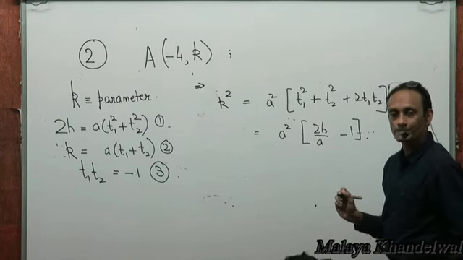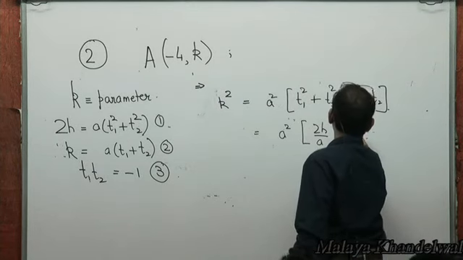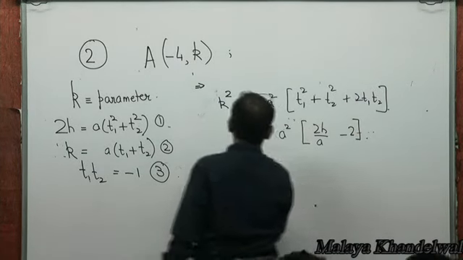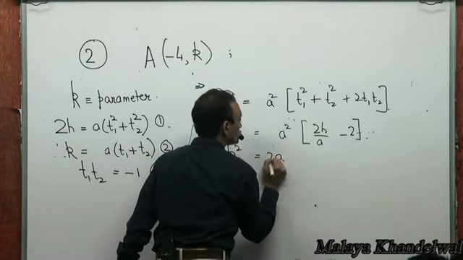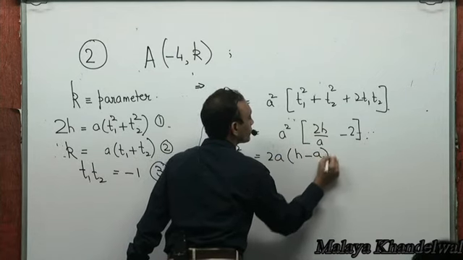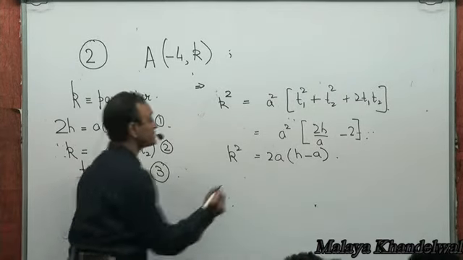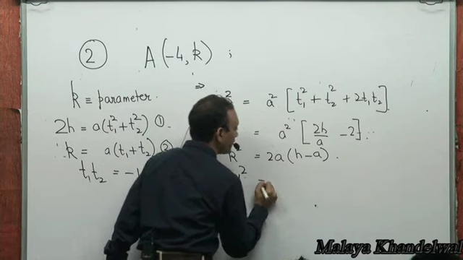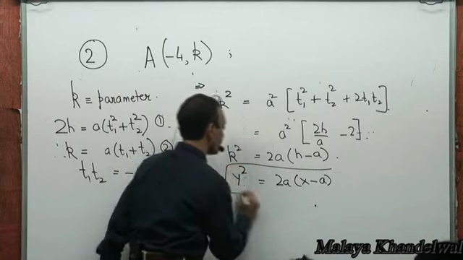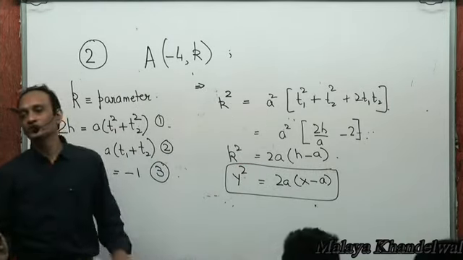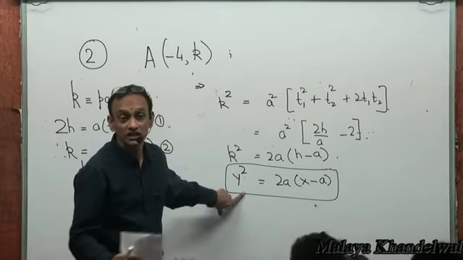Minus 2, sorry, beg your pardon, minus 2. And k squared then is a into (2h minus 2a), right? Generalize this, replacing k by y, h by x, I get the locus of the center of the circle whose diameter is PQ. And what is this? It's another parabola.